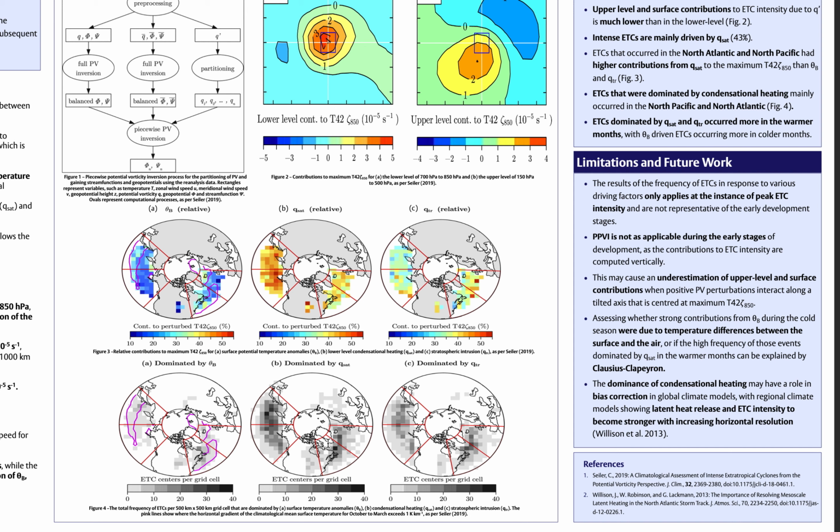And also those dominated by lower level condensational heating also occurred in warmer months, with those by potential temperature anomalies occurring in the colder months.